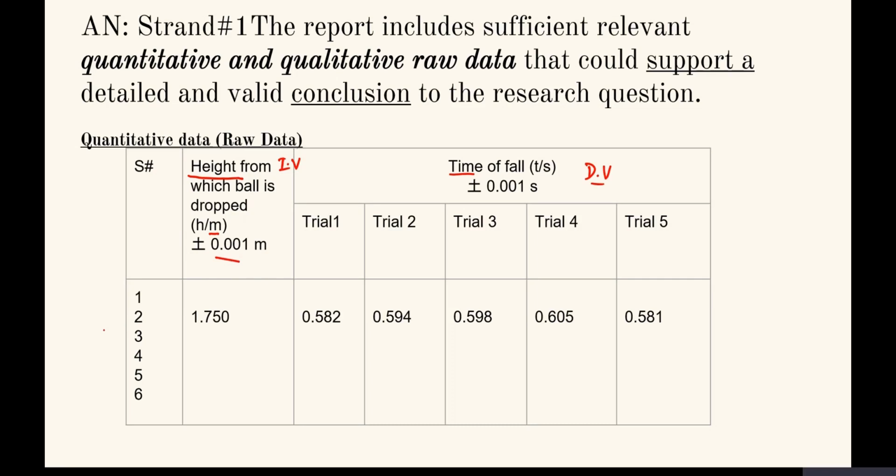Please be reminded that the uncertainty is the least count or least count by 2 of the measuring instrument, depending on whether the instrument is digital or analog. Another important point you need to be careful about: the data entered, in this example here or here, should have the same decimal place as that of the uncertainty value.